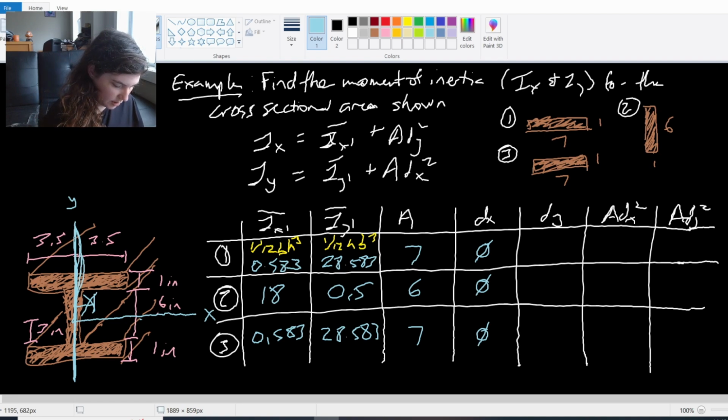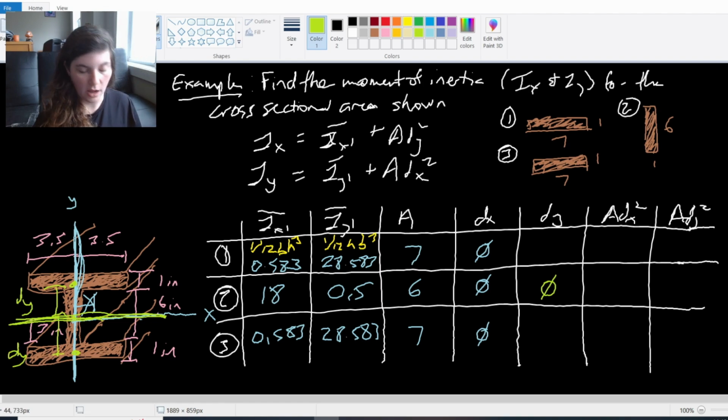And we'll notice if we look at this for my y's, my 6 by 1 guy has the same centroid as what I'm given, so he's going to be a 0. But my y distance is different for these top and these bottom ones, right? There is actually a distance between the centroid and the x-axis here. So there is a dy for my top and bottom girders.